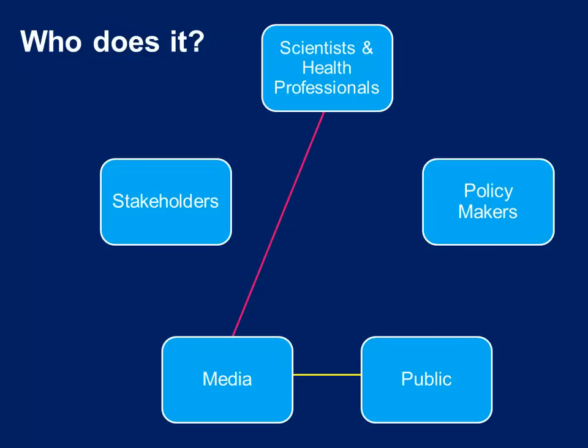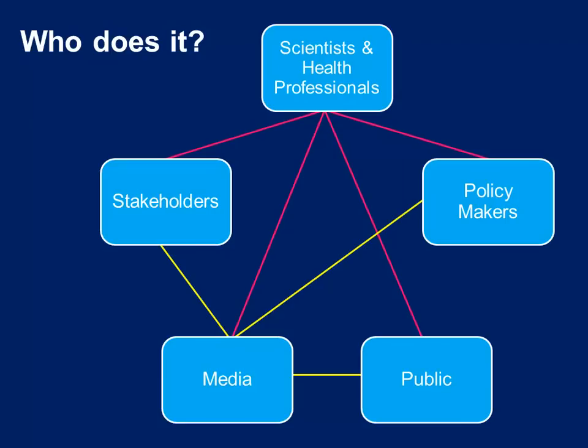The media feeds things to the public. Scientists and health professionals now more than ever before also communicate directly with the public. The media are communicating with stakeholders and policymakers in addition to the public. And scientists and health professionals also communicate directly with those stakeholders and policymakers.